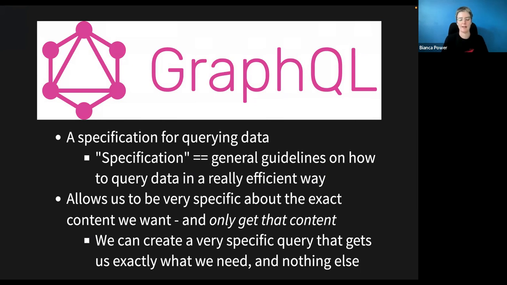Basically, that's some general guidelines on how to query data and how to do it in a really efficient way. GraphQL is great because it allows us to be very specific about exactly what data we want to get back. We ask for a very specific bit of data, and that's what we get back.